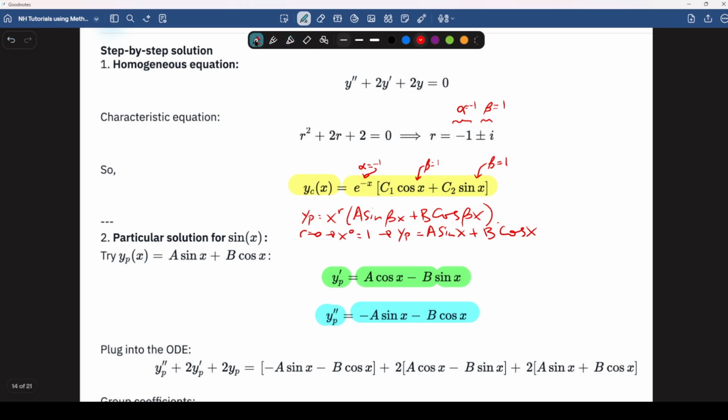If we expand this, yc is e to the power of negative x times c1 cos x, and then e to the power of minus x times c2 sine x.